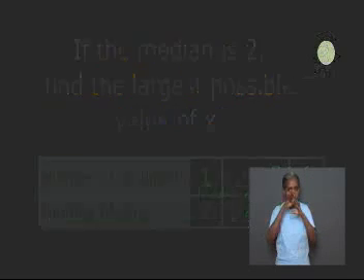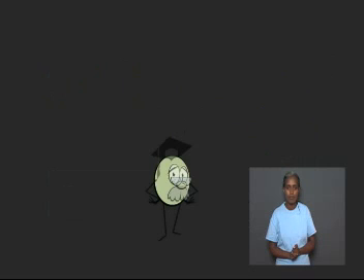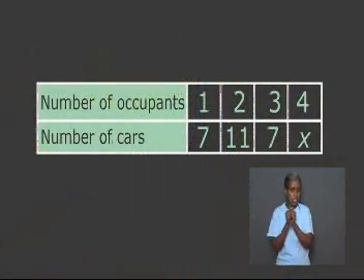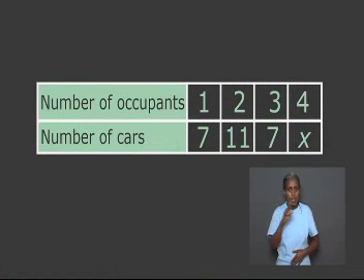Time's up. Let's get back to our lesson. Hello again, students. Let us solve this problem together. We can see that there are 7 occurrences of 1 and 11 occurrences of 2.